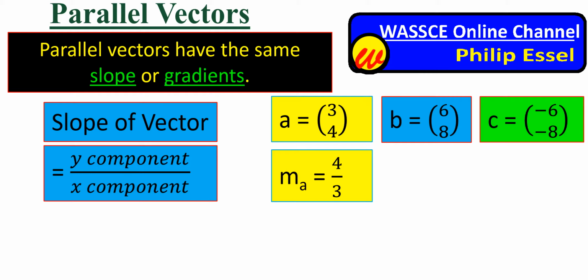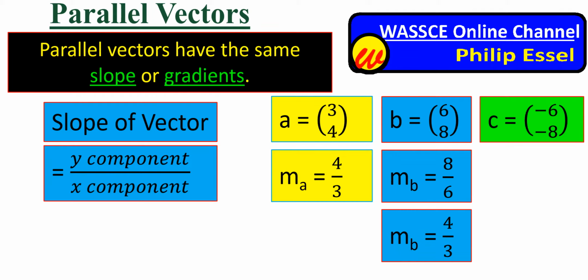The gradient or slope of vector B would be given as 8 divided by 6, since the y component of vector B is 8 and its x component is 6. But we can break this number further. The 8 over 6 can be broken further to 4 over 3.